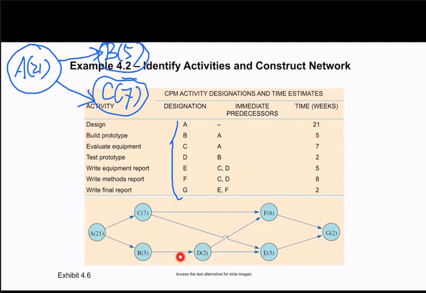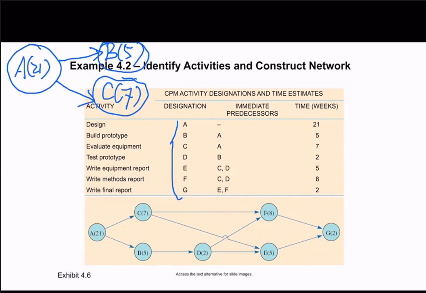But notice activities E, F and G, because for these 3 activities, the right equipment, right methods, and the final report, each of them has 2 formal activities.